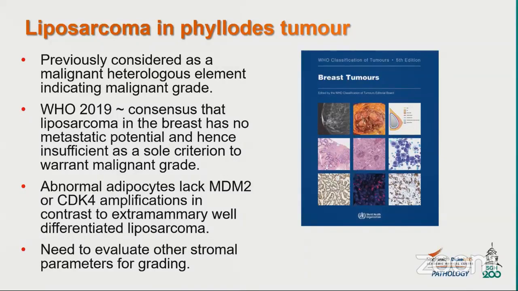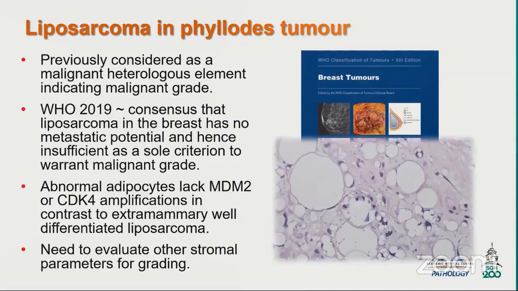This stance is supported by the finding that abnormal adipocytes in these tumors lacked MDM2 or CDK4 amplifications, in contrast to extramammary well-differentiated liposarcoma, and hence there is a need to evaluate other stromal parameters for grading purposes.